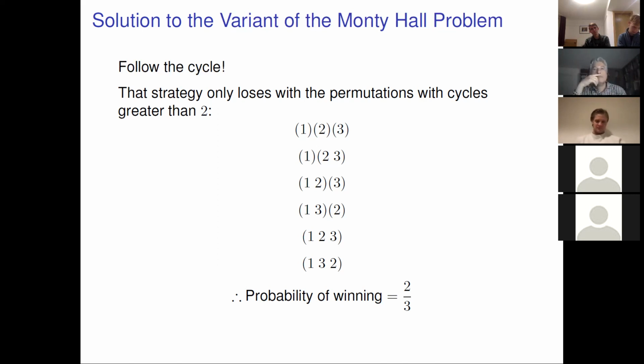But when you follow your permutations, what I mean more precisely is that by looking at it this way, you are looking at the structure of the permutation. Normally you would think, before looking at it this way, that you open one door and you have no information, but there is really some information.